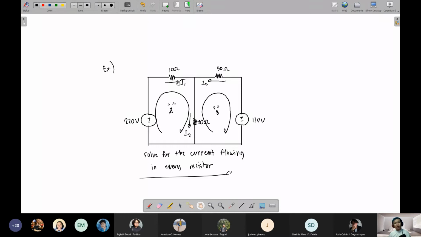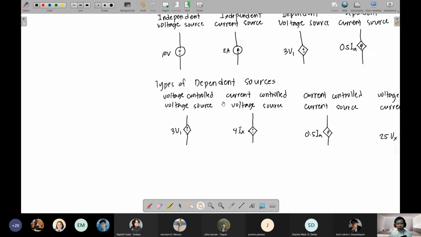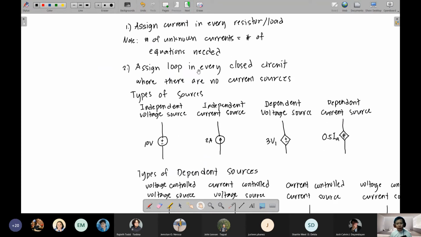Why? Because if, for example, you forget a resistor and don't assign a current, obviously, your resulting equation will automatically be wrong. Okay? So you must assign a current to every resistor. And as much as possible, take note that you assign a loop in every closed circuit, but take note also that it should have no current sources.